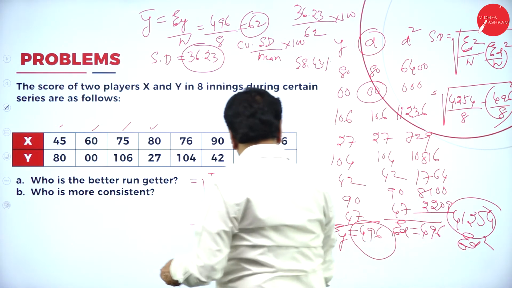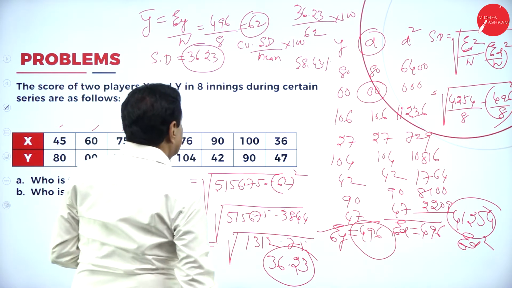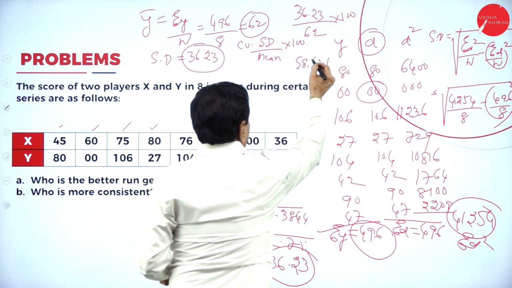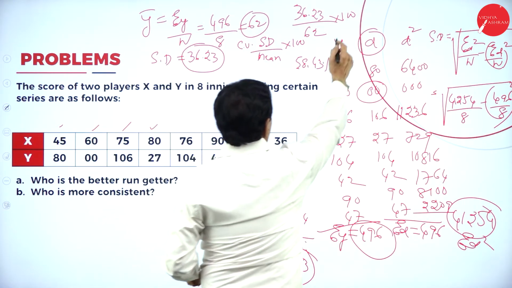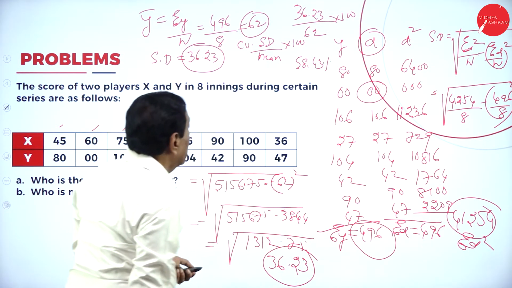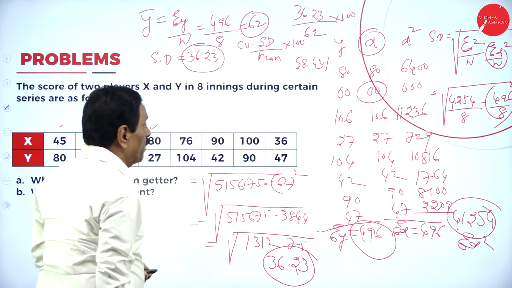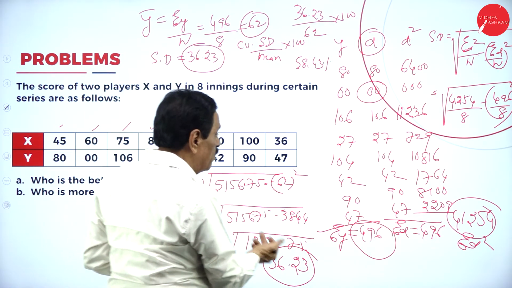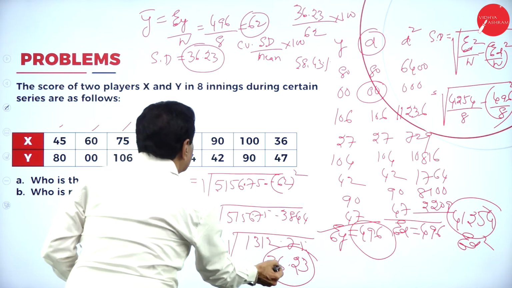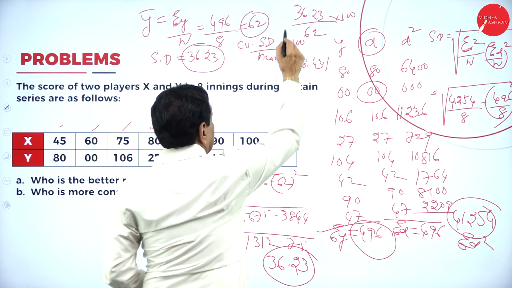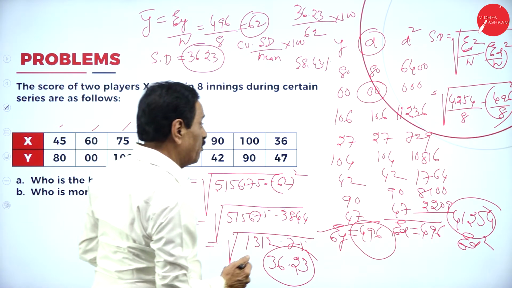You got a standard deviation of 36.23, divided by 62 into 100, and it comes to 58.43. That goes in favor of Y.